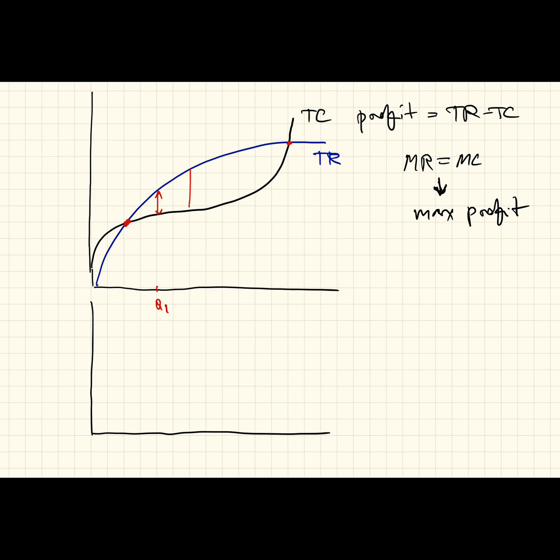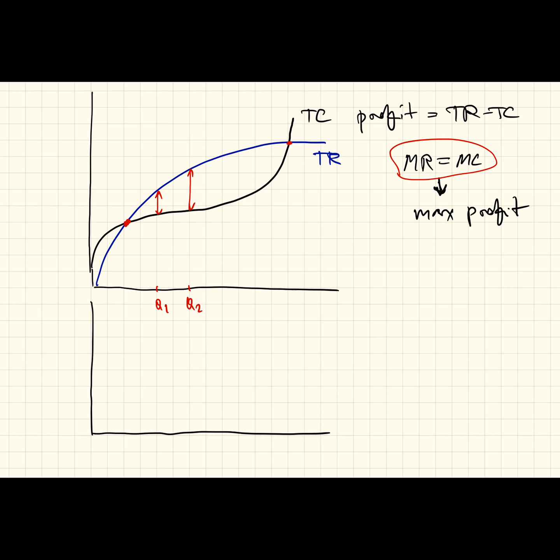So what if we make more? Okay, at Q2 we will make more money in terms of profit, and we will make the largest profit, as I can see. Maybe here. In fact, let me apply that rule. Basically, this rule is telling us what? Remember, marginal revenue is the slope of total revenue curve. Marginal cost is the slope of total cost curve.